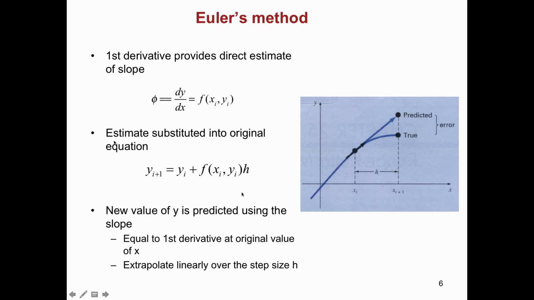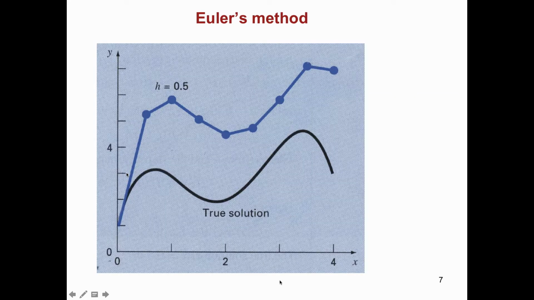Essentially I need a first derivative, which is given by the problem because this is what I'm solving to begin with. And I need a step size h that I determine myself. So this is how it works. Let's say that I'm solving on 0 to 4. I start with some starting point, and then I decide on discretization.